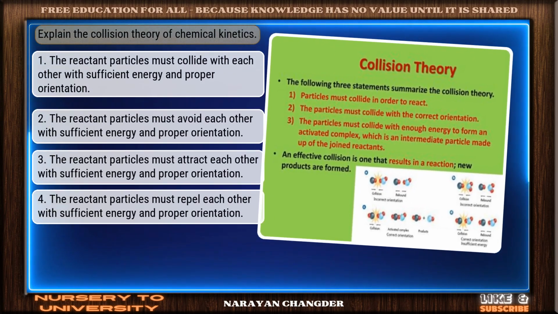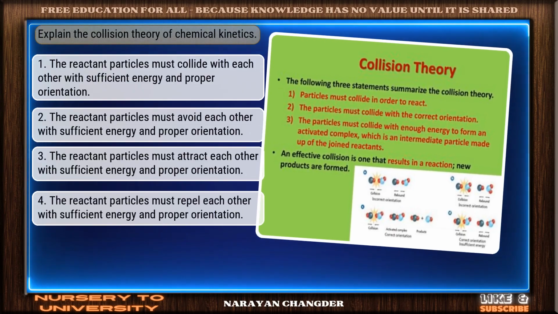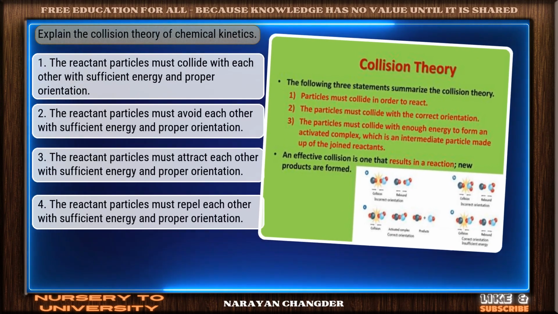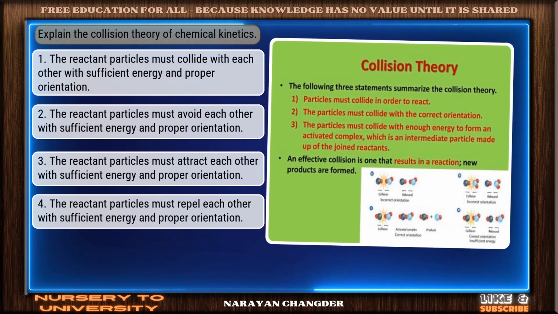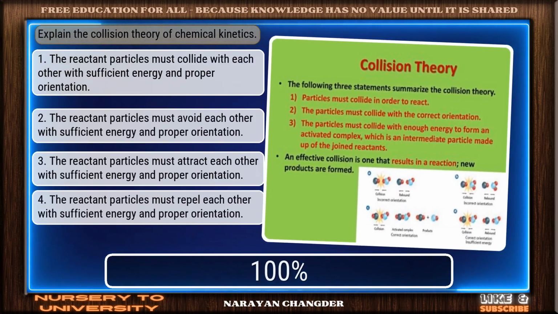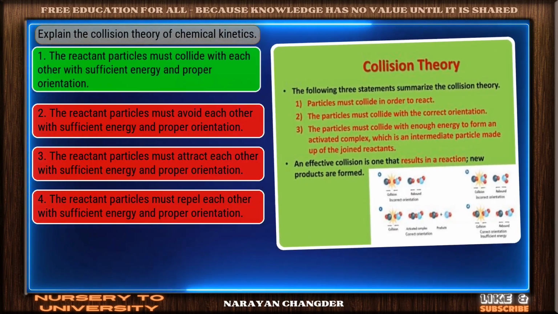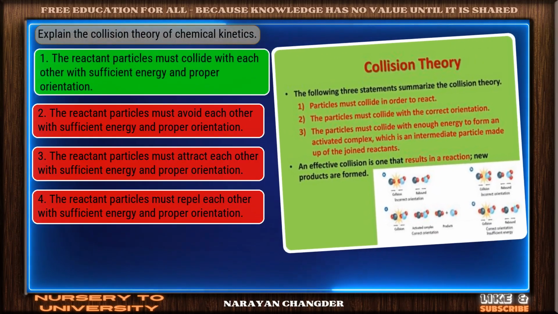Option 3, the reactant particles must attract each other with sufficient energy and proper orientation. Option 4, the reactant particles must repel each other with sufficient energy and proper orientation. Exactly, the reactant particles must collide with each other with sufficient energy and proper orientation.